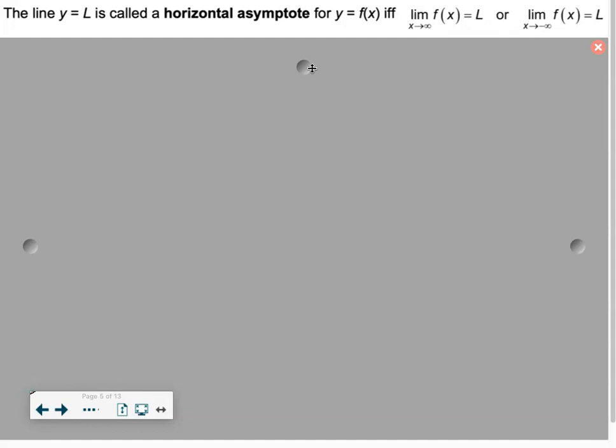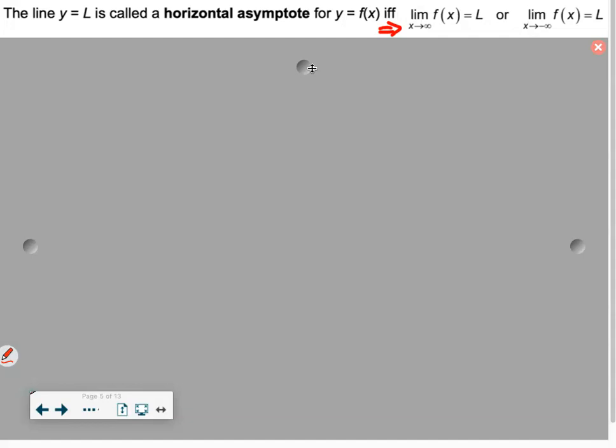A conditional statement means if this is true, then this is true. A biconditional statement says if this is true, then this is true, and if this is true, then this is true. What that means is it works in both directions. It means this implies this, and this implies this. So when we write a conditional statement, we write it with an equal sign and an arrow. If y equals L is a horizontal asymptote, then either the limit as x approaches infinity or negative infinity is L, right?